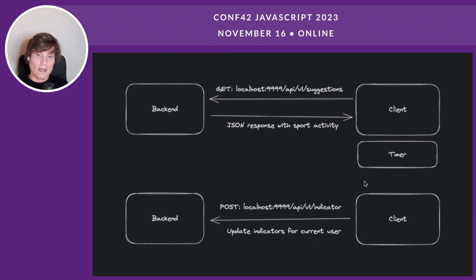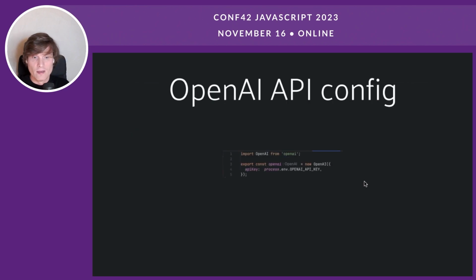So the timer actually invokes this API call, and then that's how we can get back this sport activity. And in the same way with the indicator, hey, I just need to update my indicator because my weight has changed, and the lifestyle actually changed a little bit, depending on the activities we accomplish.